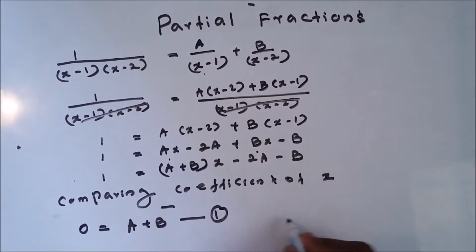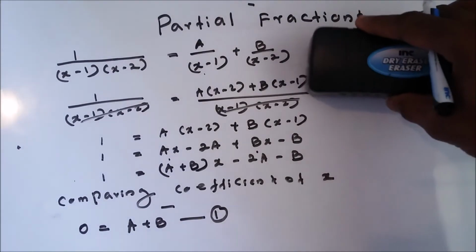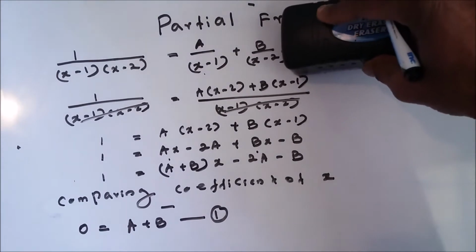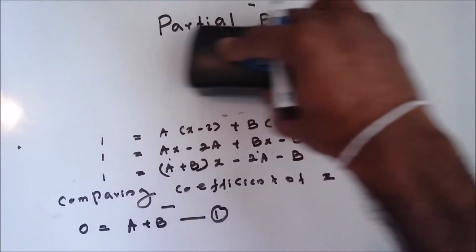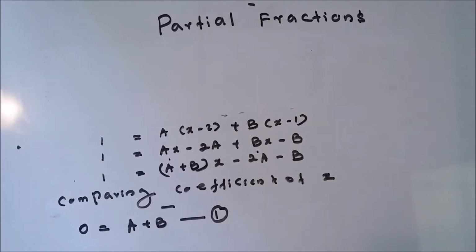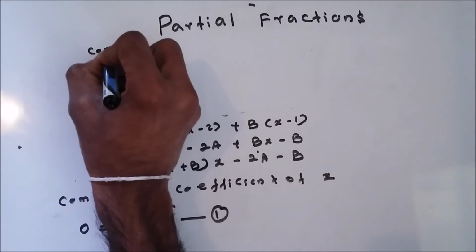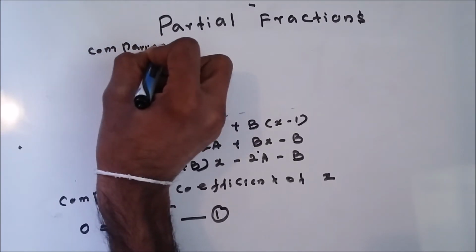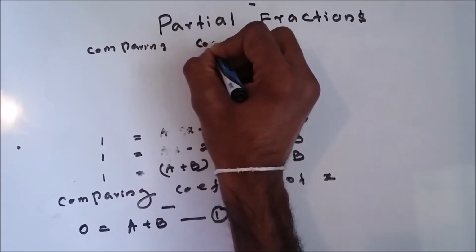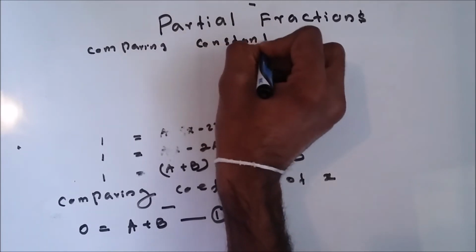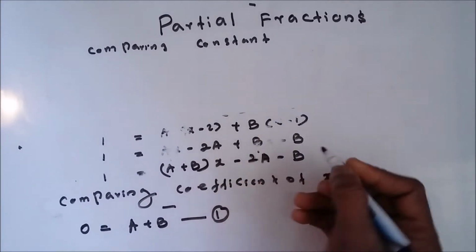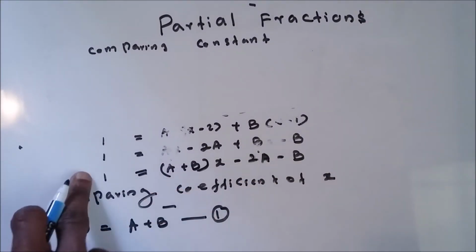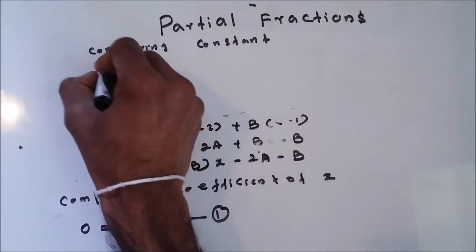Comparing constants: here 2A minus B, this side constant 1.